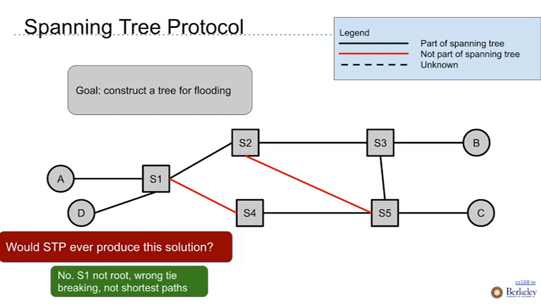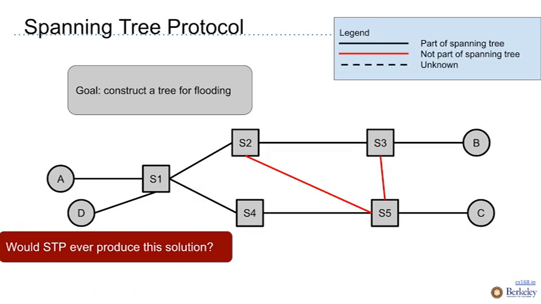Yeah, one example, I think that's what you were saying, is S5 would connect to S2, would use that link instead of connecting to S3, right? And this is because we had this thing of breaking ties using smaller IDs of switches. That's right. This is another one.